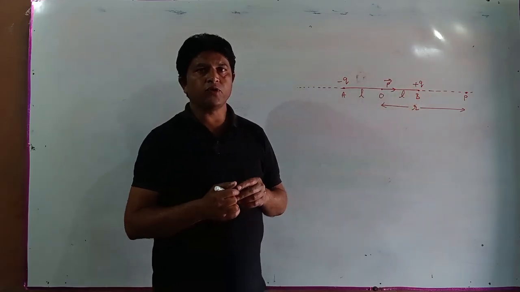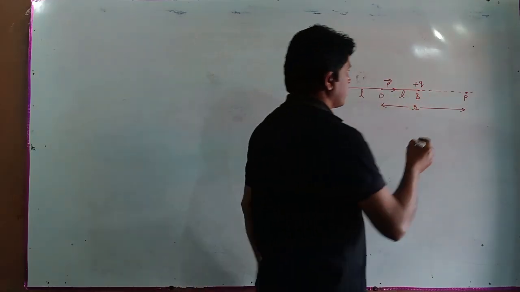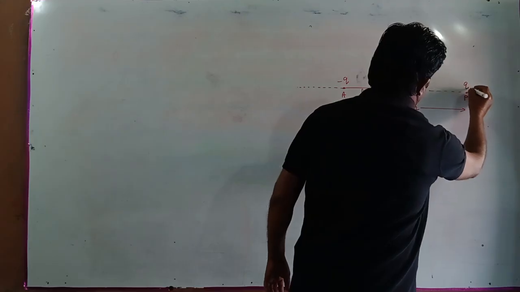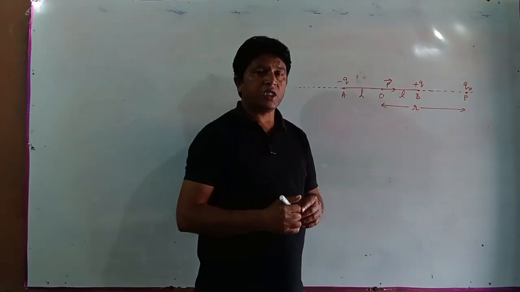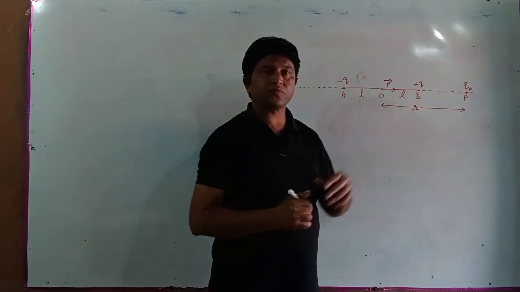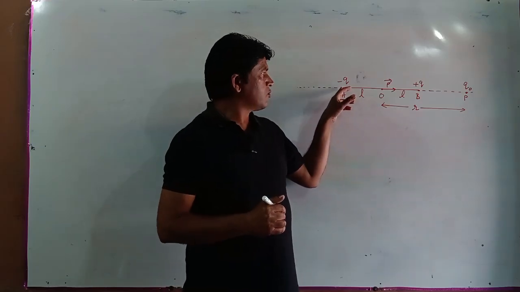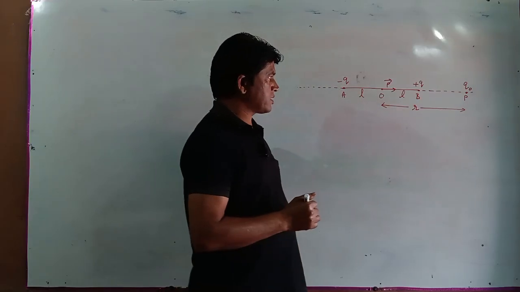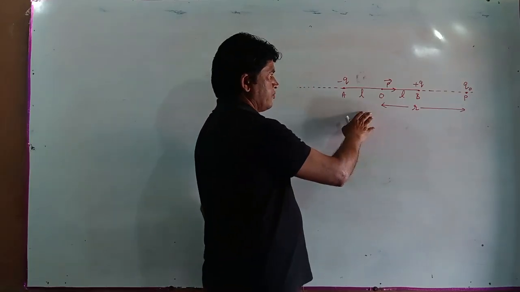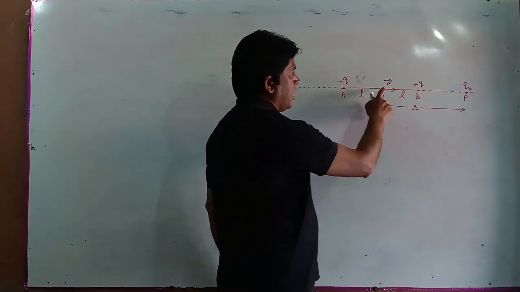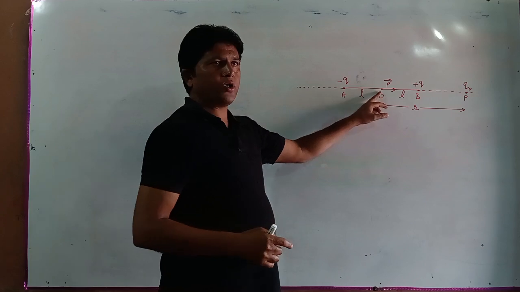But before that, we put a test charge on point P, and this test charge is represented by q naught. Now, we will determine the net distance from minus q and plus q. We see that in this figure, line OA and OP meet at point O.